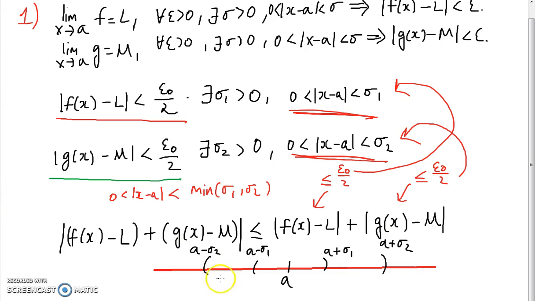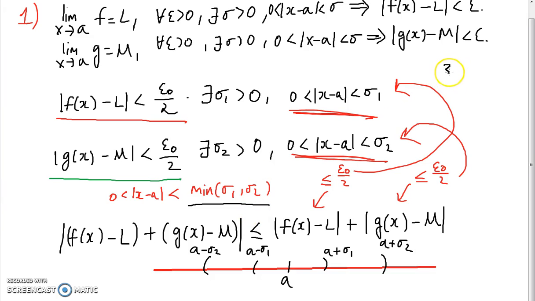Now if we want x to be within both intervals, then all we require is that x is within the smaller interval, whatever the smaller interval may be. And the way we do that is we just make sure the distance between x and a is less than whatever the minimum of delta 1 and delta 2 is.